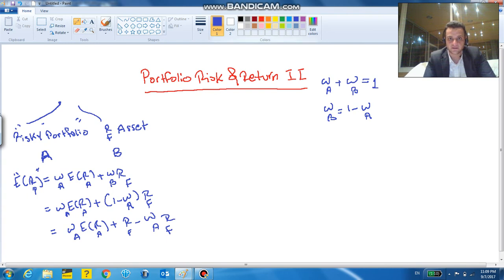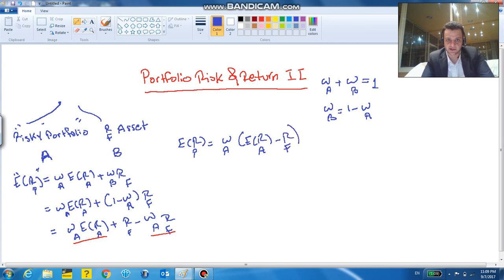Now notice, guys, we've got weight A in this expression and in this expression. So I can isolate weight A from this formula and write the expected return on the portfolio as weight A multiplied by expected return A minus the risk-free rate.